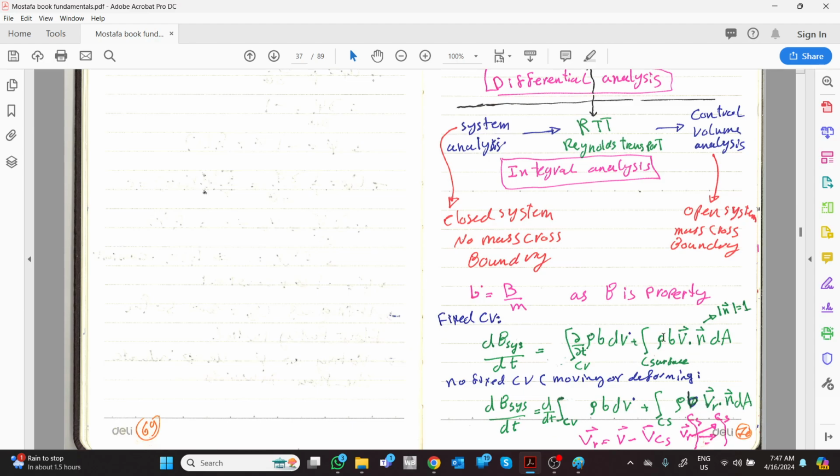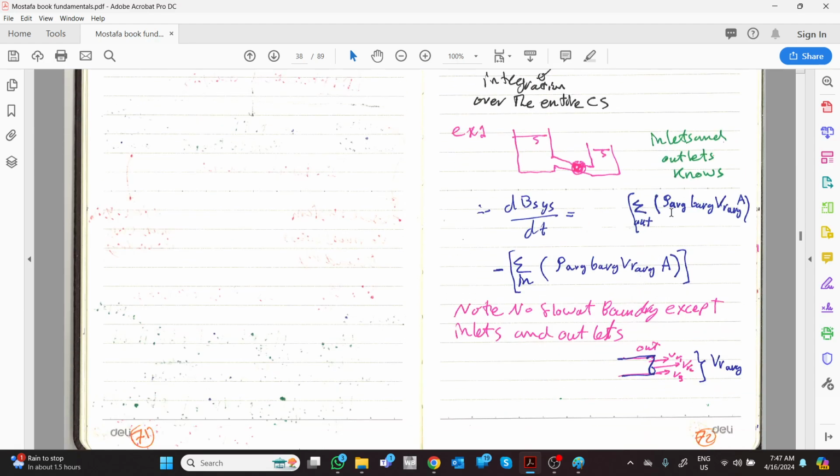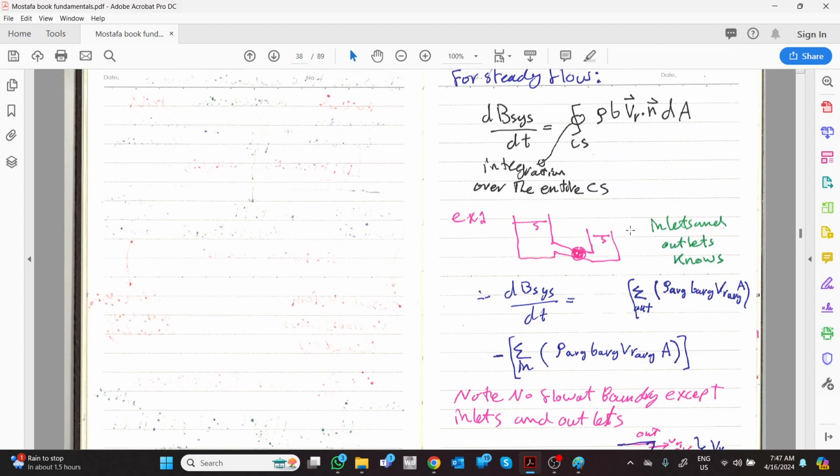That's it. What is mass in? What is mass out? Because if you have two, what in, what out, each surface. So it is sigma out, rho, V average, whatever is at the out, because at the out maybe the velocity is not equal.